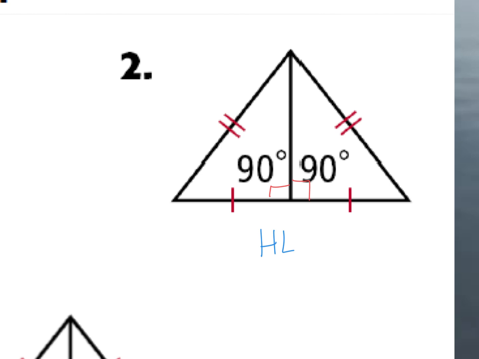So I have HL, or what's the other one that I could use? I was going to say side, angle, side. Not side angle side, because there's no included angle in between my sides. So I can't use that one. Side, side, angle, there's no side, side, angle.